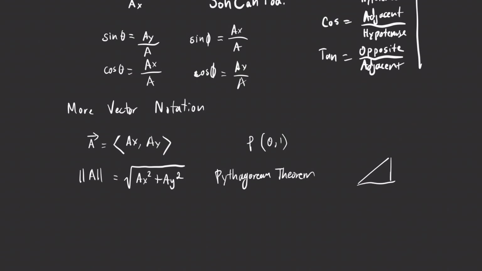If we look at, once again, the triangle, and this is A, and this is ax, and this is ay, you'll remember Pythagorean theorem states that a squared plus b squared equals c squared, or c is equal to the square root of a squared plus b squared. And so that's how we get this.